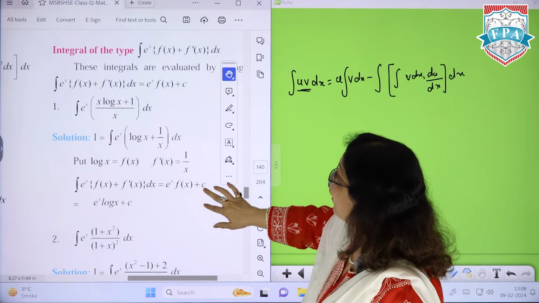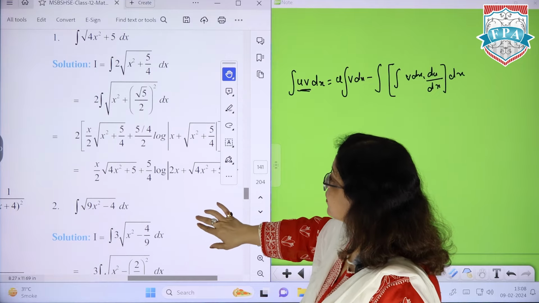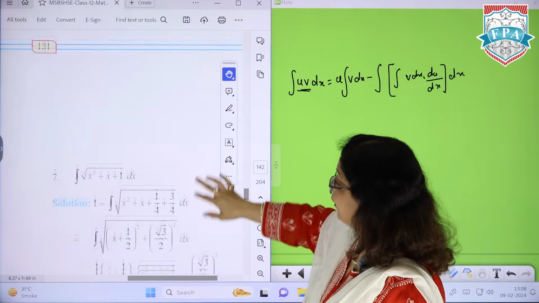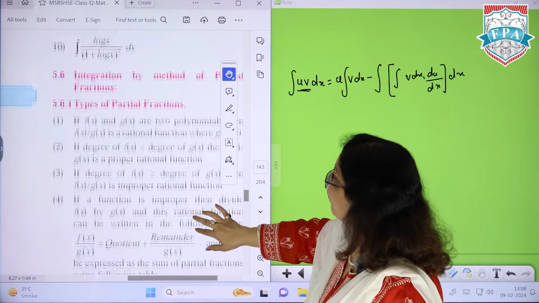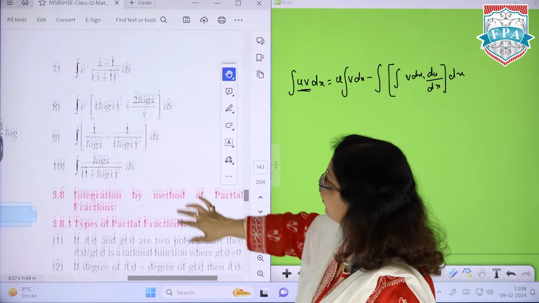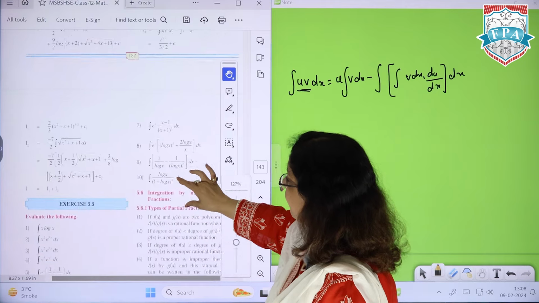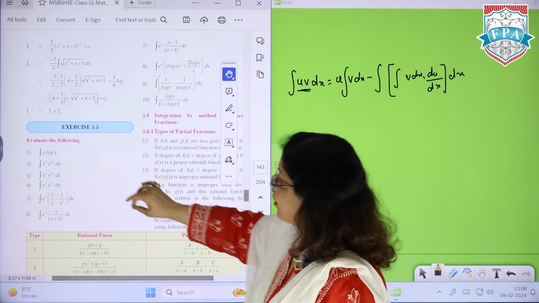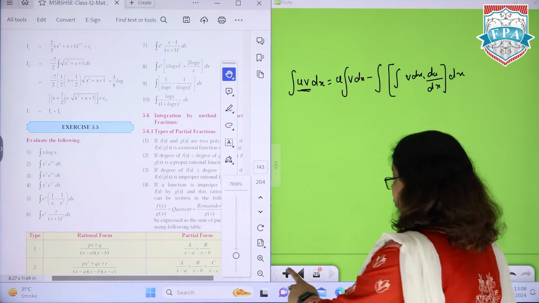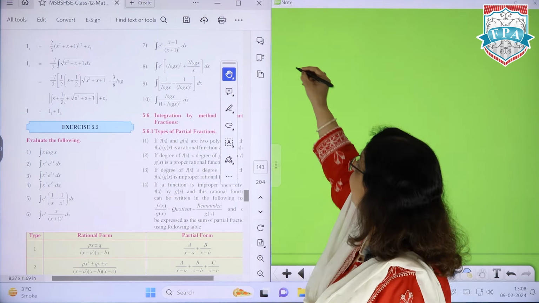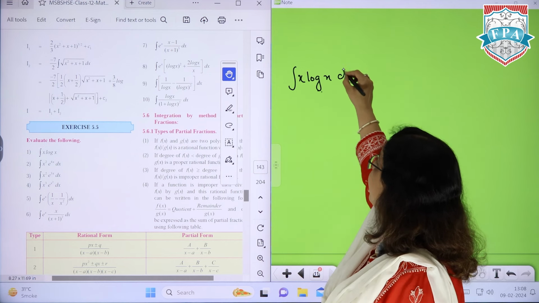So let's see one question of the type by parts to get the answer here. Say the question over here is integral x log x dx.